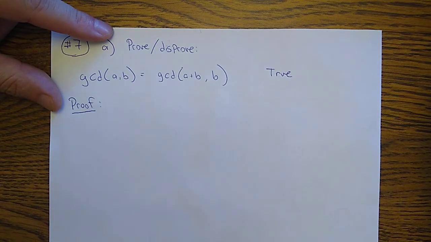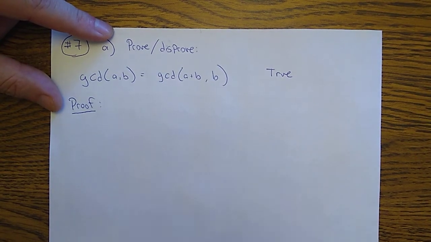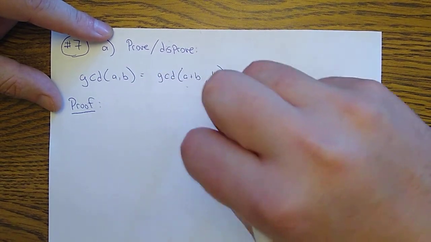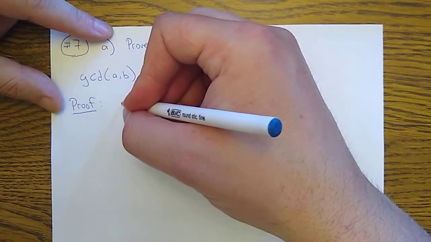And here's how you prove a statement like this, the statement that a GCD of these two numbers equals the GCD of those two numbers.